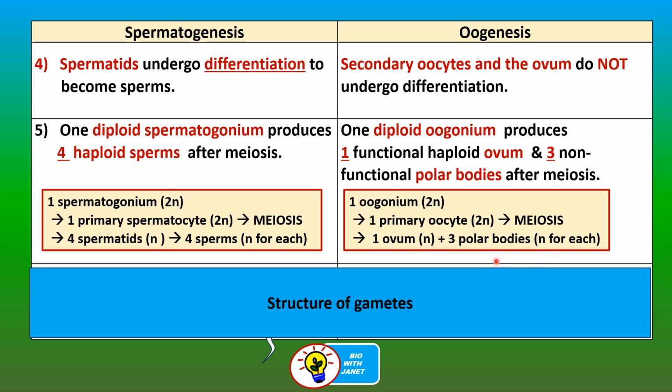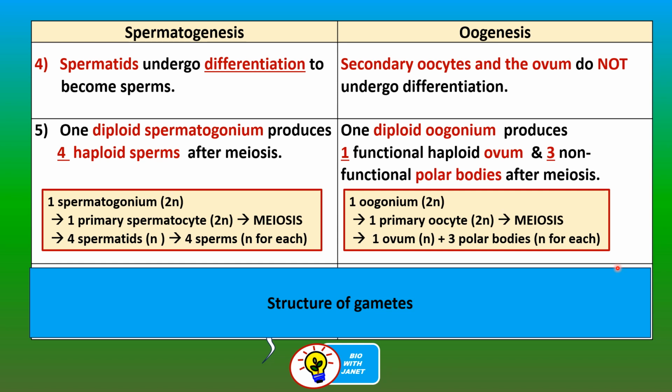Okay, so here we see that one parent cell, which is the oogonium or the primary oocyte, produces only 1 functional cell, which is the ovum, and the other 3 are non-functional polar bodies after the process of meiosis.